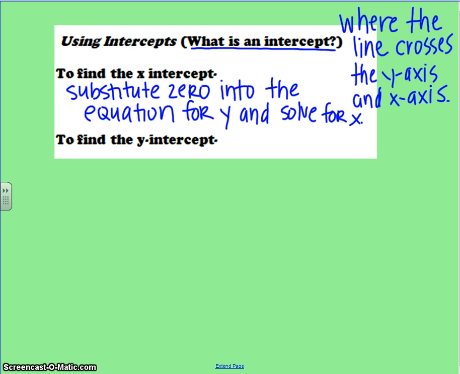And just as we would do for the x-intercept, we will plug in 0 for x to find the y-intercept, and then we will have that as an ordered pair.